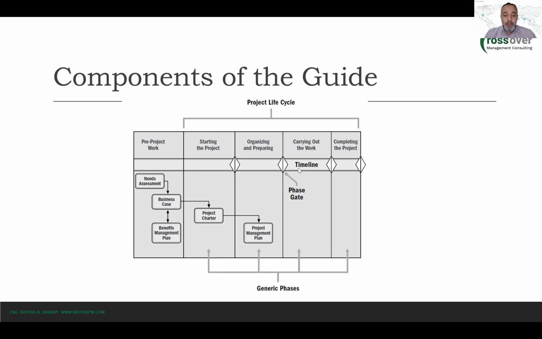And while they live their lives, they go through phases, right? This is what we call the project life cycle. The project life cycle characterizes a project's lifespan: the phases that a project goes through from the first day until we close the project at the last day.